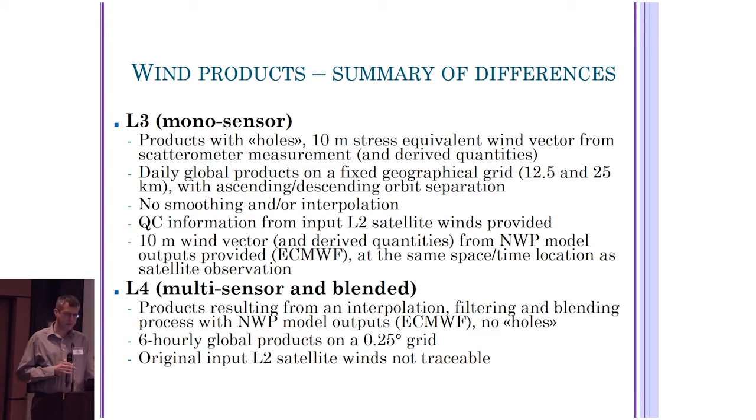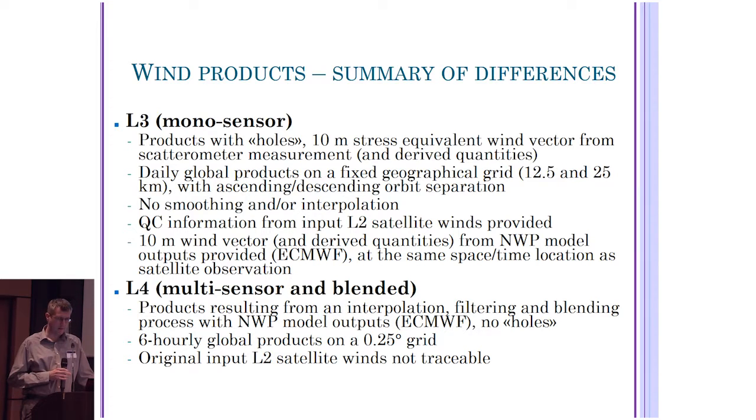So which should you choose? Should you choose the Level 3 or Level 4 wind product? So the Level 3 product has the holes in. They're daily global products, but divided into ascending and descending orbits.